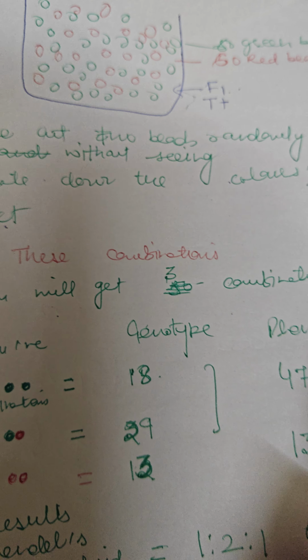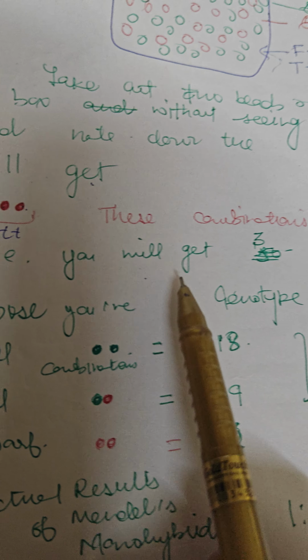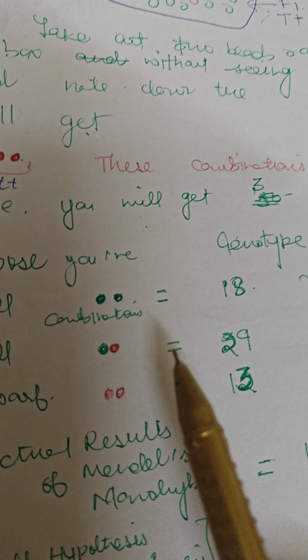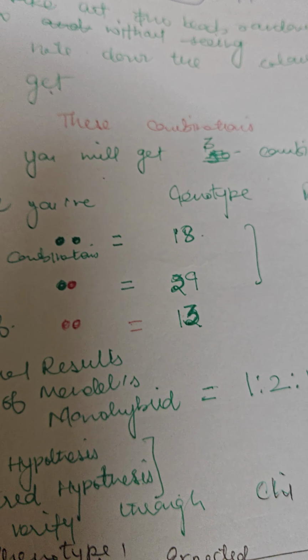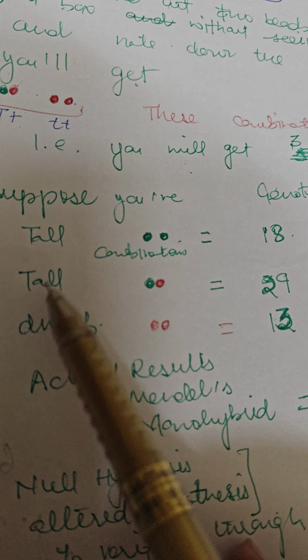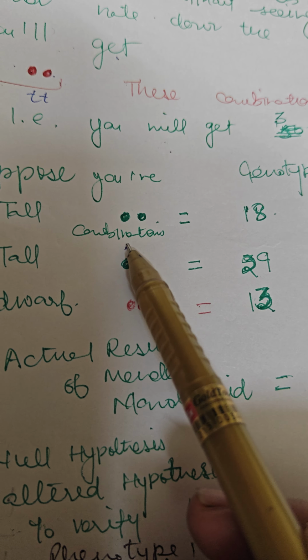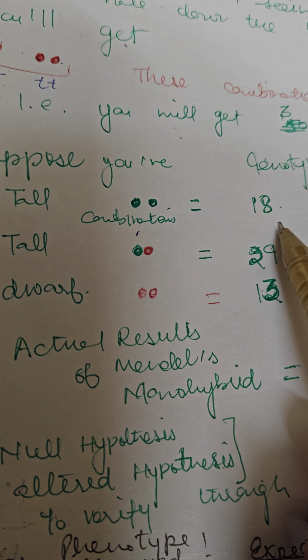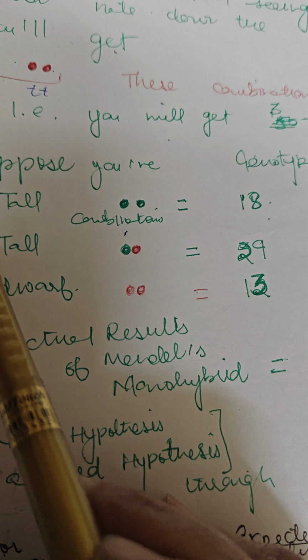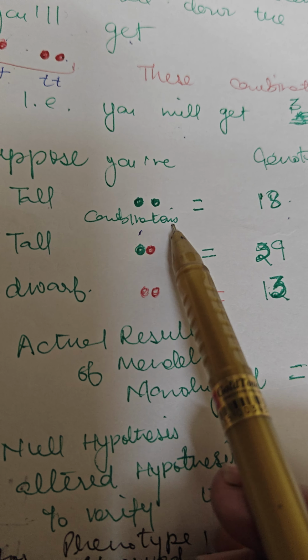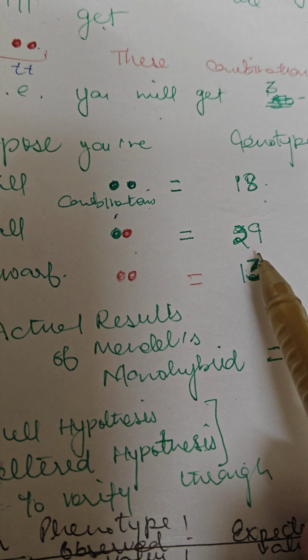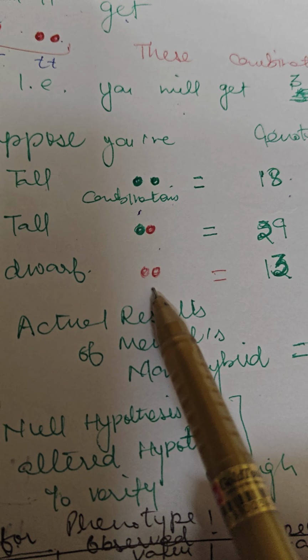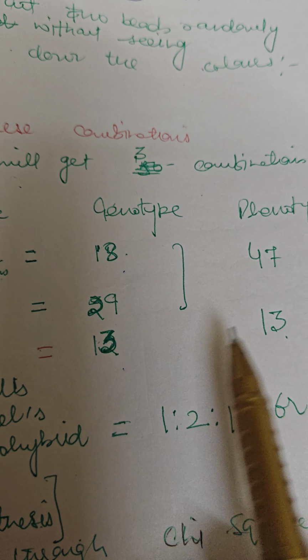So basically you will get 3 different combinations. Suppose you are getting 18 such combinations which are pure tall, homozygous tall, hybrid talls you're getting 29, and dwarfs you're getting 13 such combinations.